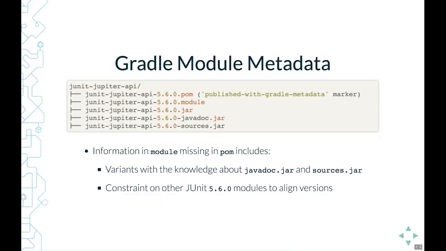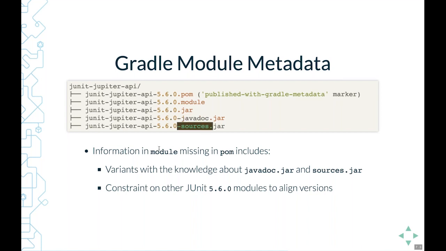For example, we saw from publication that you've got the POM, the module, the jar, and here we're taking the example of the JUnit Jupyter API. You've got javadocs and sources. The information in the module file is effectively about, for example, these javadocs and sources additions.